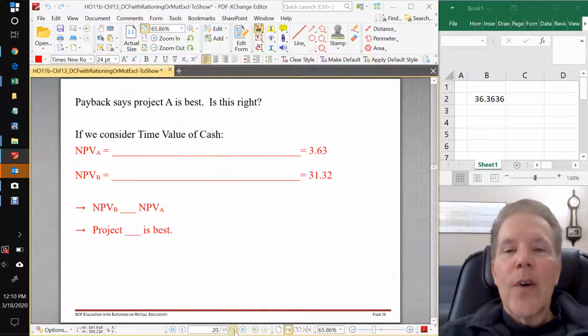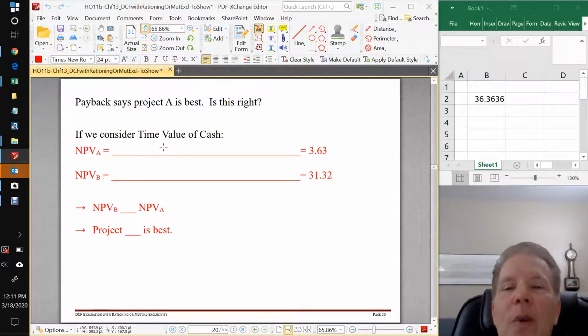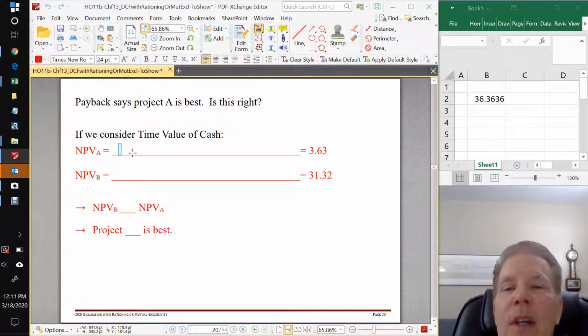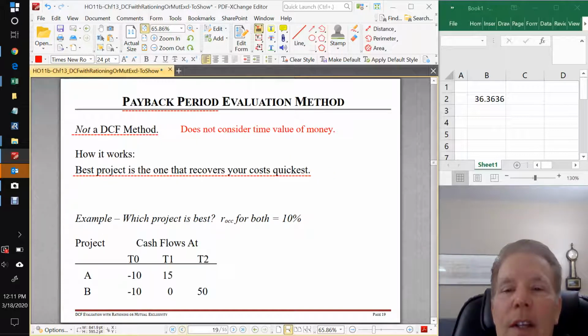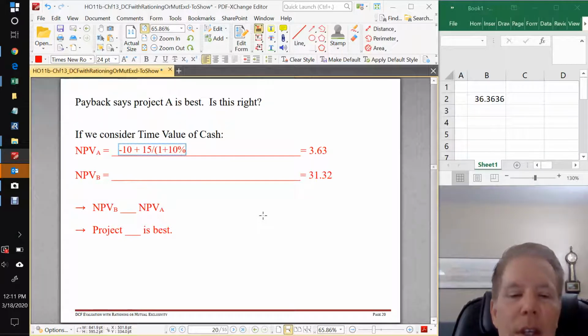Okay, so the payback method says that A is best, and let's think about which would be best using our NPV method. So using our NPV method, we'd have minus 10 plus, what is it, 15? Okay, 15 divided by 1 plus, I think we said 10% raised to the 1.